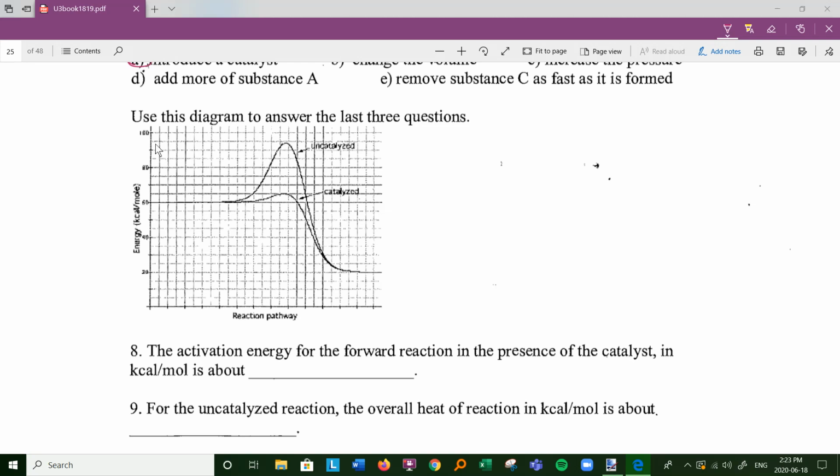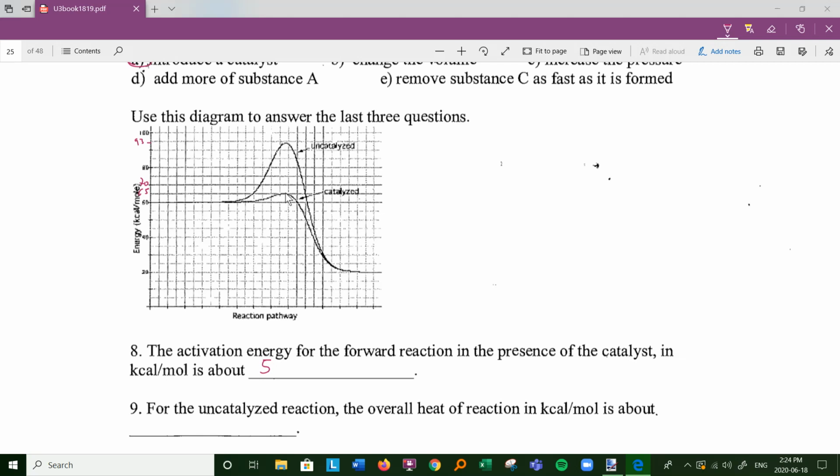What is that? 80, 90, that's around 93 at the top there. Let's look up in steps of 5. 60, that's 65 there, right? Because that's 70, etc. So the activation energy for the forward reaction in the presence of a catalyst is just around 5, right? Because it started at 60 and goes up to 65, so it's around 5.